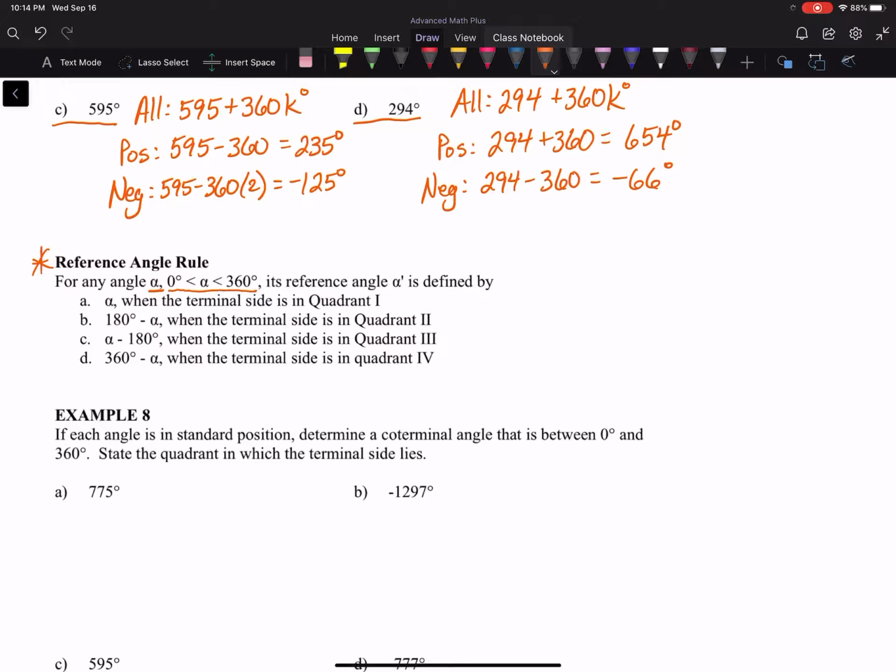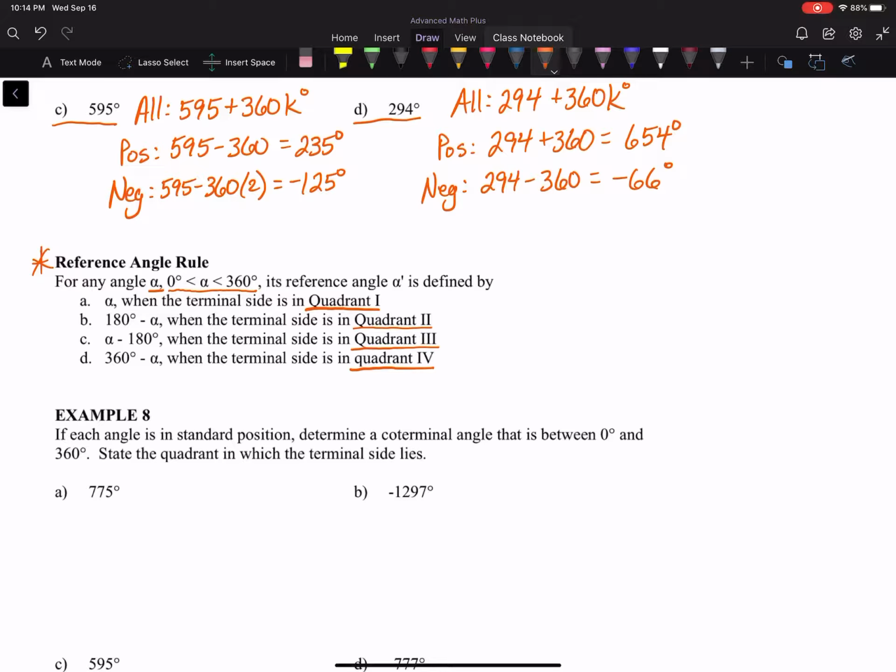Its reference angle alpha prime is defined by, okay, A is just the angle if it's in quadrant 1. You do 180 minus the angle if it's in quadrant 2. You do the angle minus 180 if it's in quadrant 3. And you do 360 minus the angle if it's in quadrant 4.